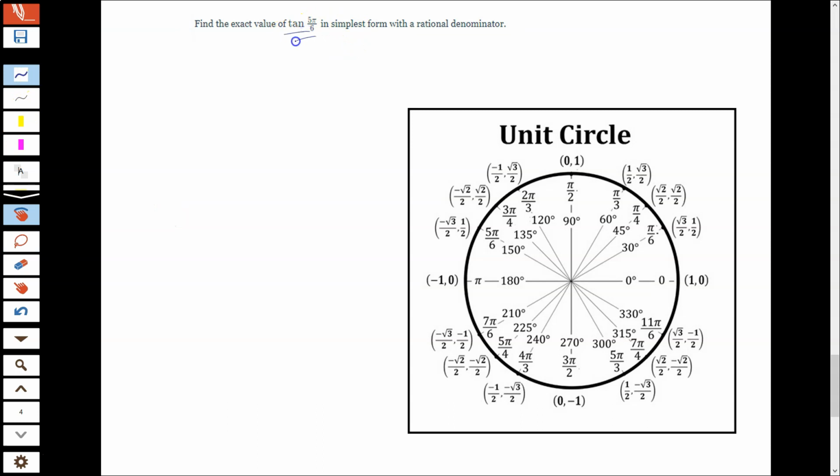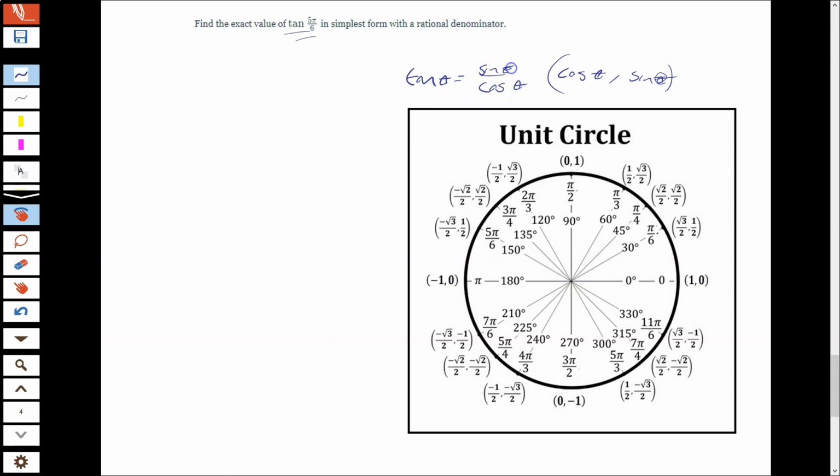So tangent of 5 pi over 6. Remember I said this is written as cosine of your angle is x, sine of your angle is y. There's no tangent anywhere involved, right? The last thing you need to know for these problems is that tangent of an angle is equal to sine of the angle over cosine of the angle.